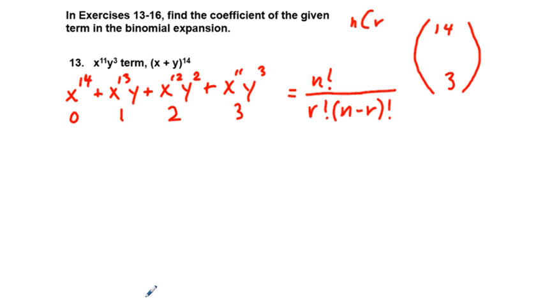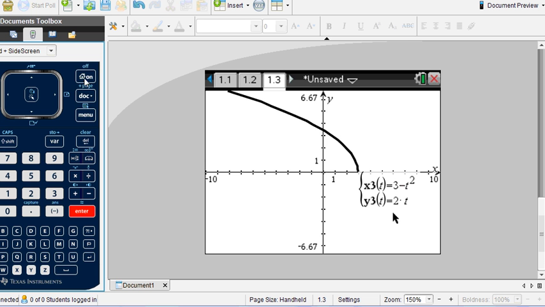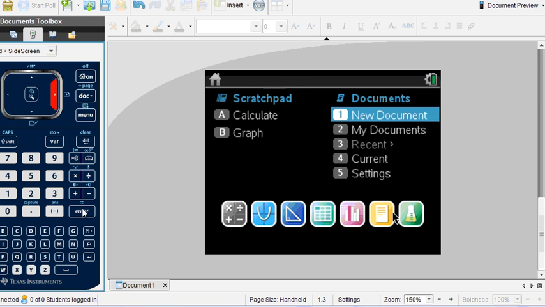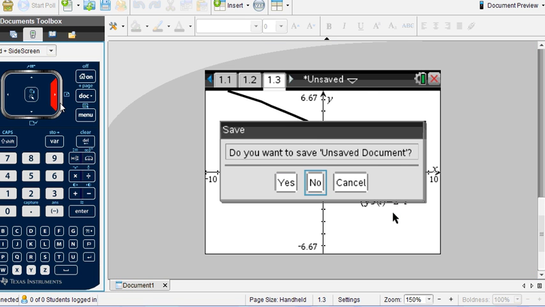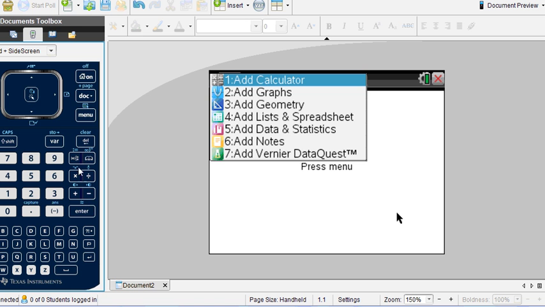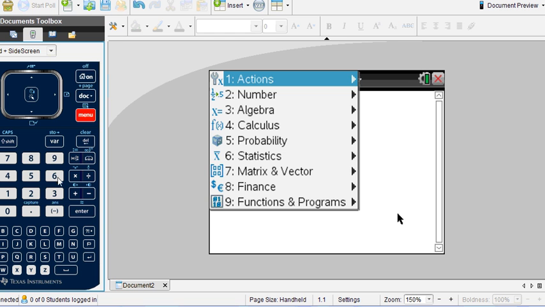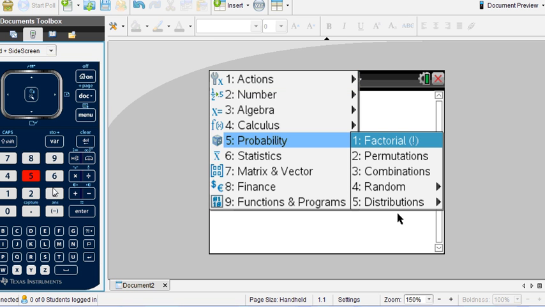We'll go to our calculator, and I'm going to get a new page, new document. No, we don't want to save anything. And we're going to get a calculator and go to menu, probability, and 5 combinations.